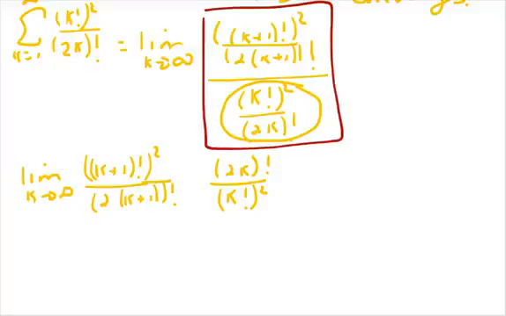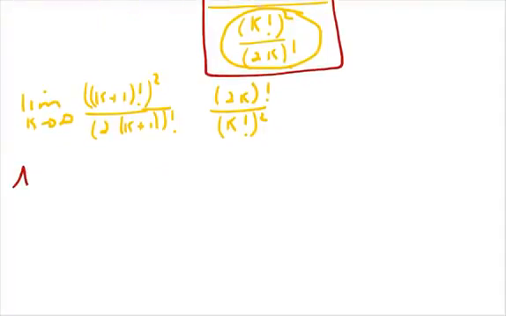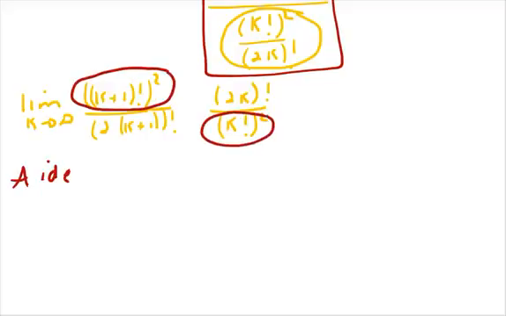Okay, I'm going to pull a couple things aside and point out some tricks. So I think I'll write in red. I want to look at this ratio and this ratio, matching things up, and then this to this.